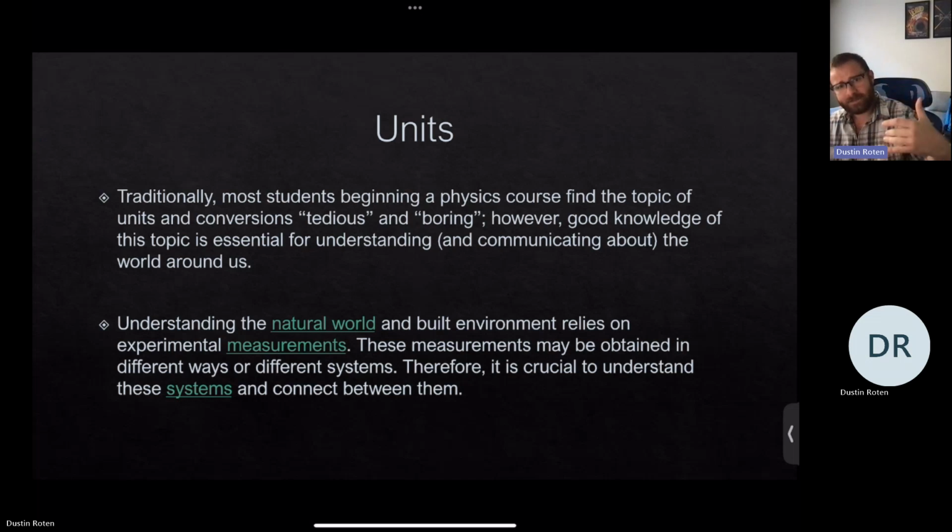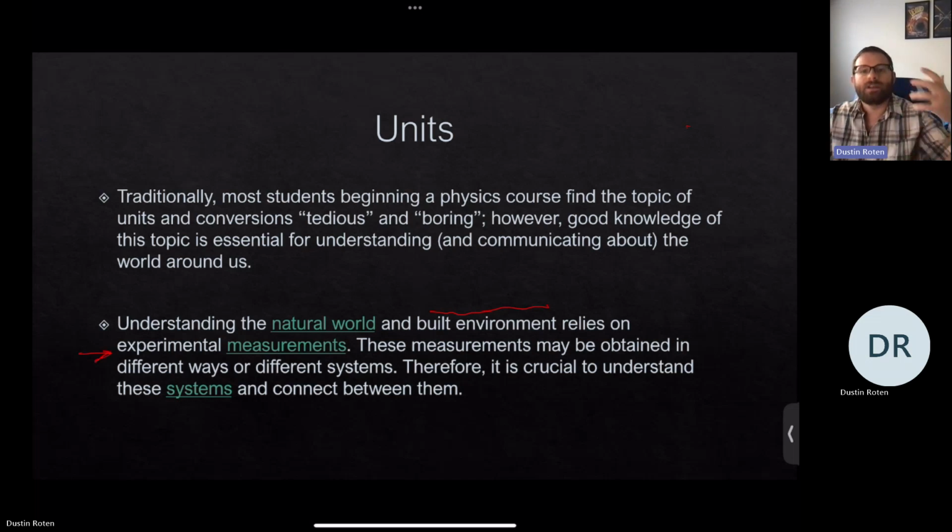So again, understanding the natural world and the built environment. I imagine a lot of you are going to be engineers, so especially the built environment is going to be important in understanding all these things that you're measuring when you're building, quote unquote, things. Even if you want to go into something more physics-based or chemistry-based, you've got experimental measurements going on.